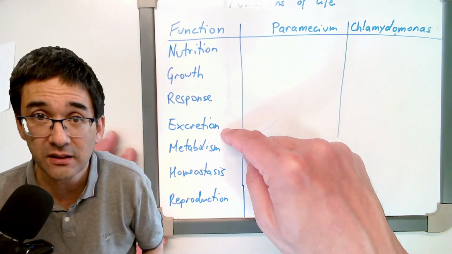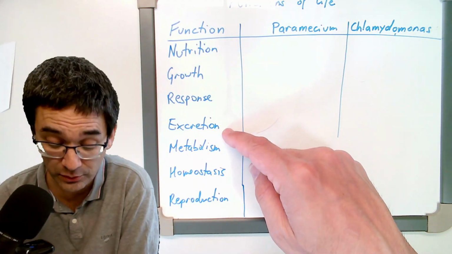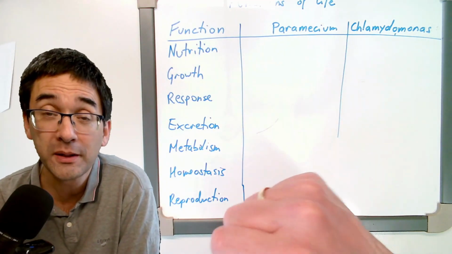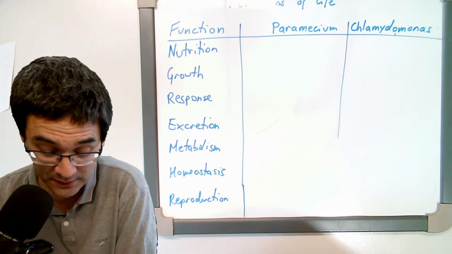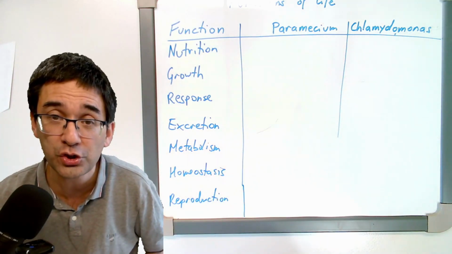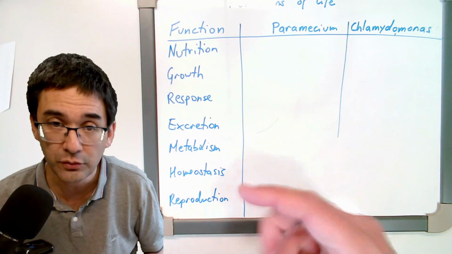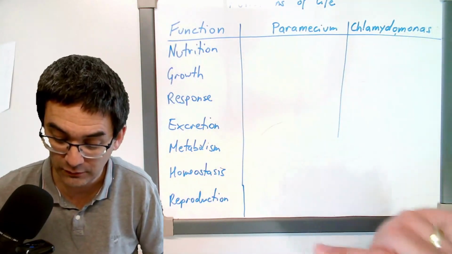All living things excrete. Excretion is the production of metabolic waste. Living things produce waste. They have a metabolism. Metabolism is all the chemical reactions that happen in a cell. Homeostasis means you want to maintain constant conditions inside the cell, and reproduction, okay? And they all do that.